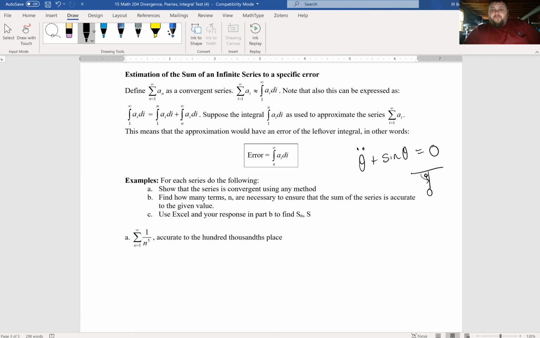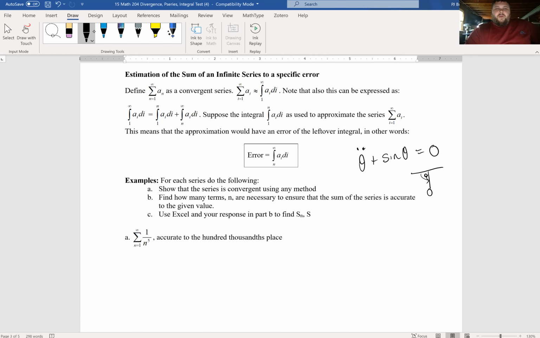I don't know how many of you are familiar with the dot notation, but this is theta double dot, and that means basically just the second derivative of theta. So we've got the second derivative plus sine of theta equals 0. That differential equation is what we would call nonlinear, and we did not learn how to solve these yet. And in fact, some of these can be quite difficult to solve.